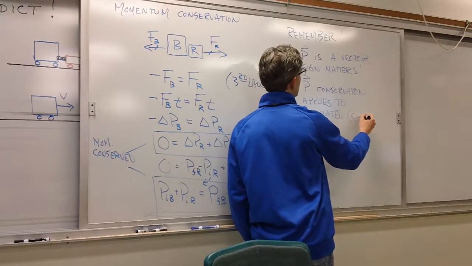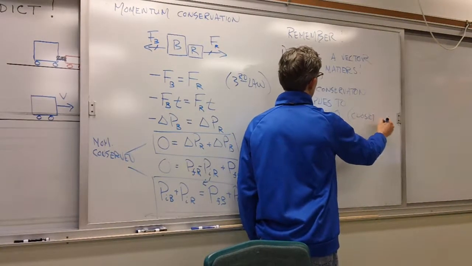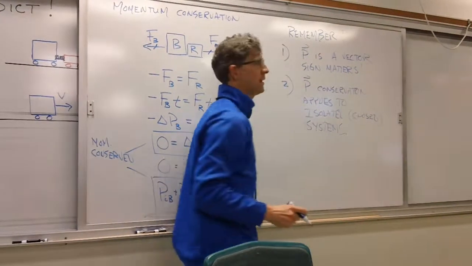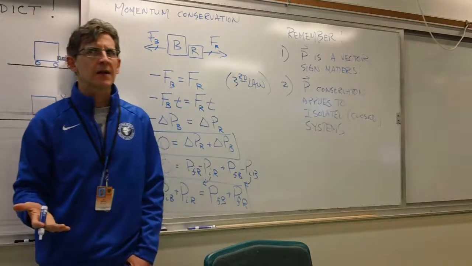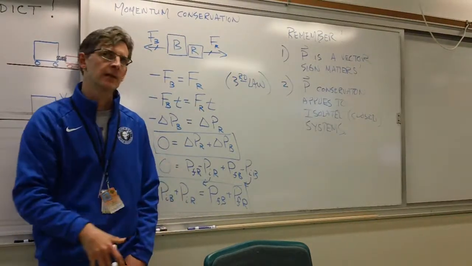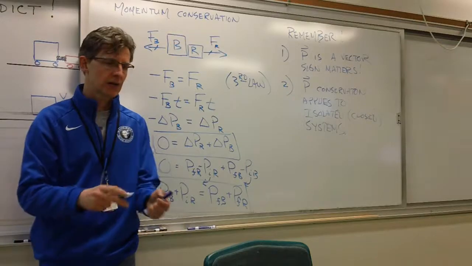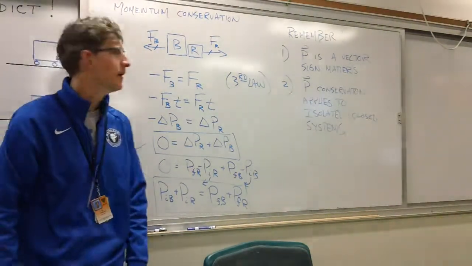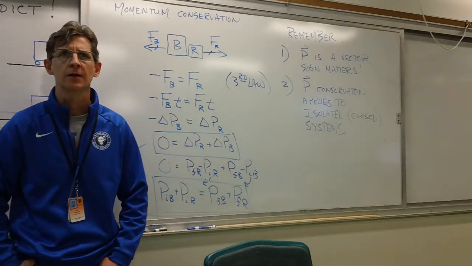Isolated, sometimes called closed systems. And that means that you can't have an outside force doing something to the system. If you do, it will change the momentum of the system. So you have to just be kind of careful about picking the system that you're going to talk about.